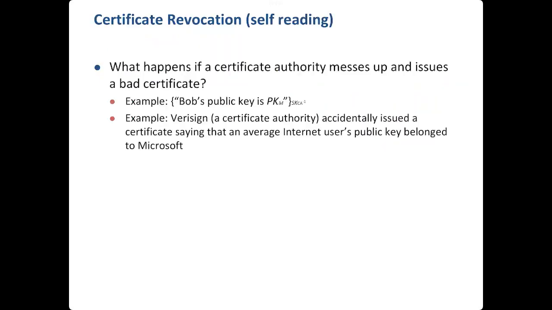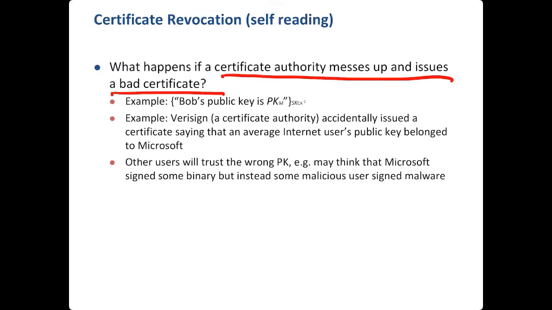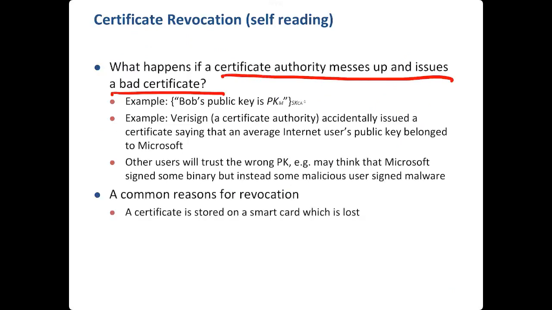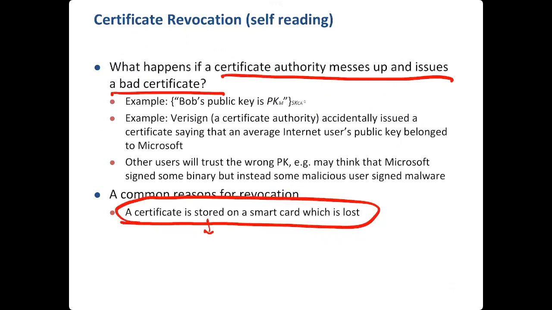Now, how long should a certificate be valid? Can a certificate be revoked? Yes. What happens if the certification authority messes up and issues a wrong certificate? Then it can be revoked. Or Alice stores the certificate of her public key in a smart card and the card is lost.